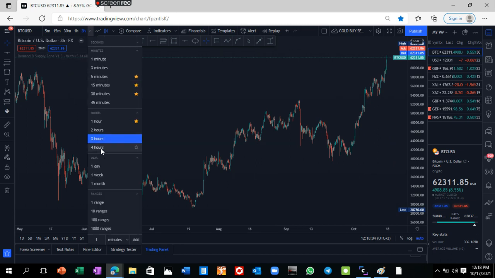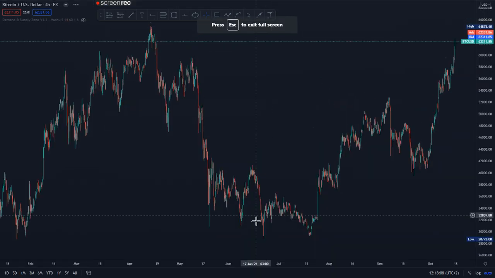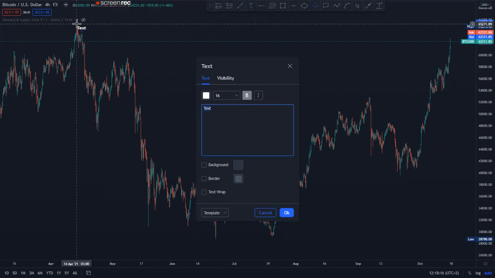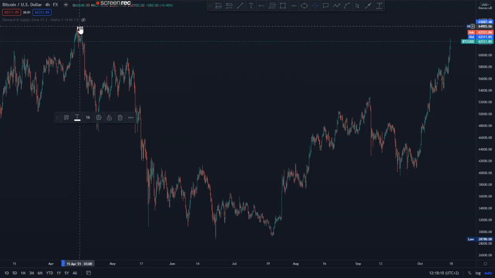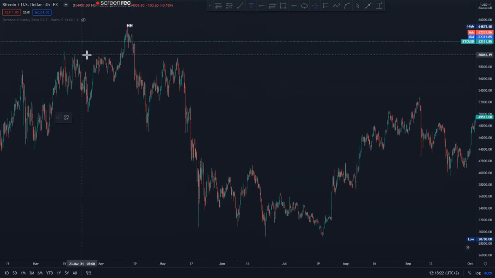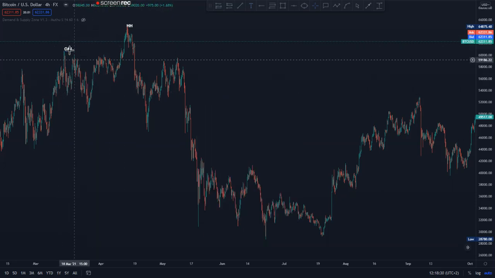I'm sure you were able to see it on the higher time frame. There was actually a higher QML on the higher time frame. So right here was my higher high that I was supposed to have focused on, and this would have been my QML. Actually, this trade is still valid.